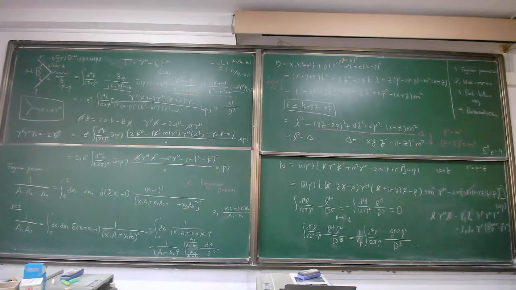Here, the gamma rho and gamma sigma contract with L rho and L sigma. This is symmetric, so you have just g mu, so you have L squared.